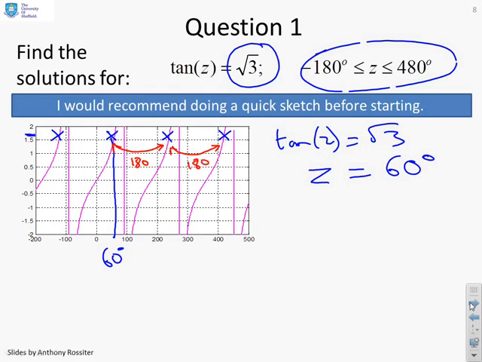So therefore, the other values for z are going to be minus 120, if I step to the left, or 240 if I step to the right, or 420 if I step to the right, and so on. And that should give me the complete set of solutions in this domain that I've put up here.